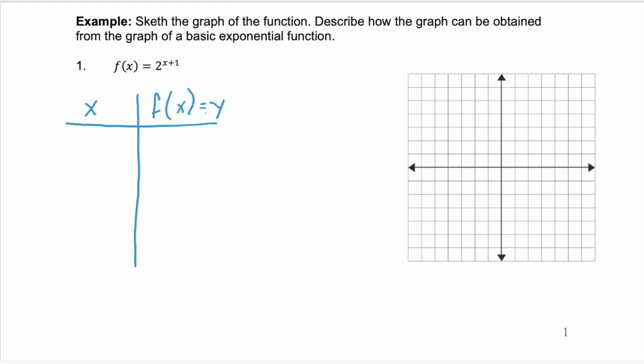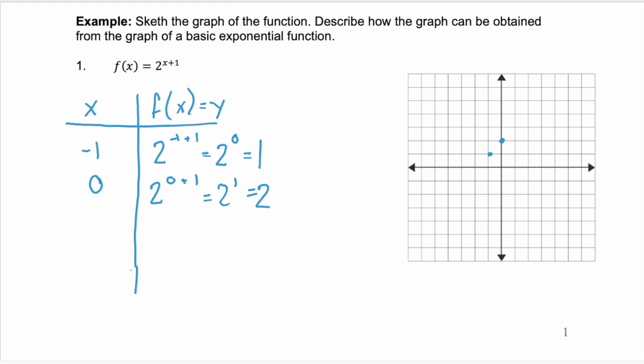So again, let's pick some easier values. Let's pick -1. Well, that would be 2 to the -1 plus 1, or 2 to the 0, which we know is just 1. So -1, 1. 0 would be 2 to the 0 plus 1, or 2 to the 1, which is just 2.